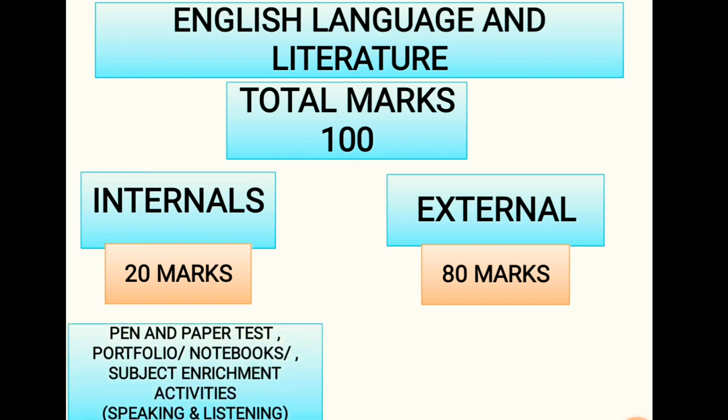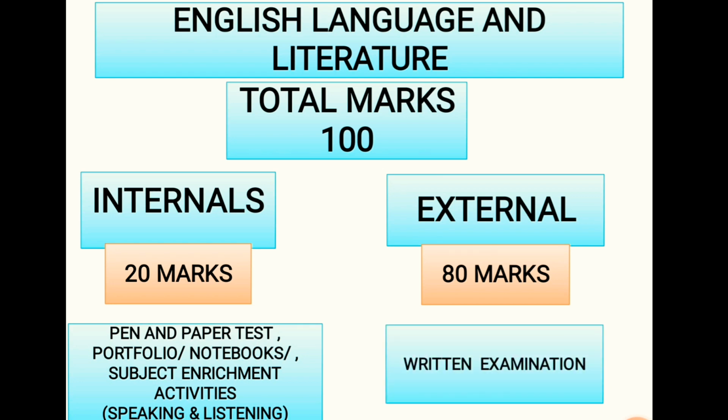The internals 20 marks will be calculated on the basis of pen and paper test, portfolio or notebooks, and subject enrichment activities like speaking and listening activities. For 80 marks, students will have to appear for an external written examination.